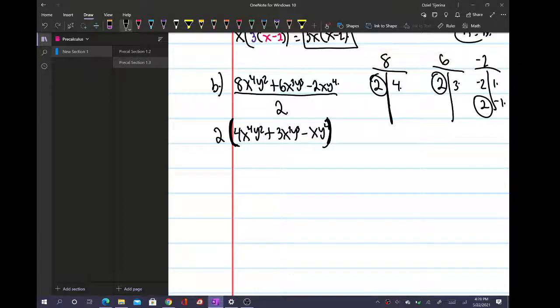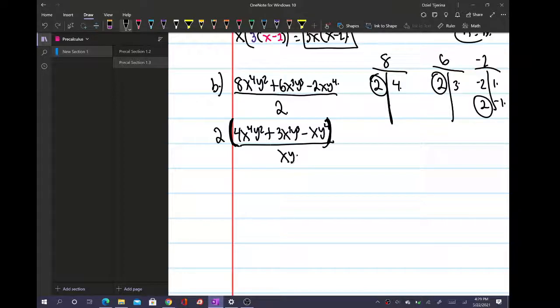So then I say, okay, well, there's an x and a y value, so x and y are common, so I can say this can be divided by xy.